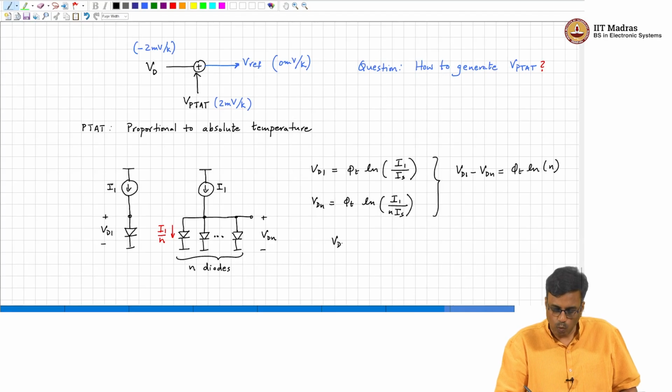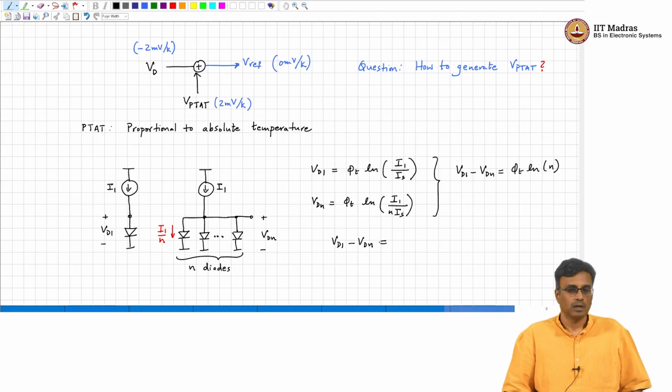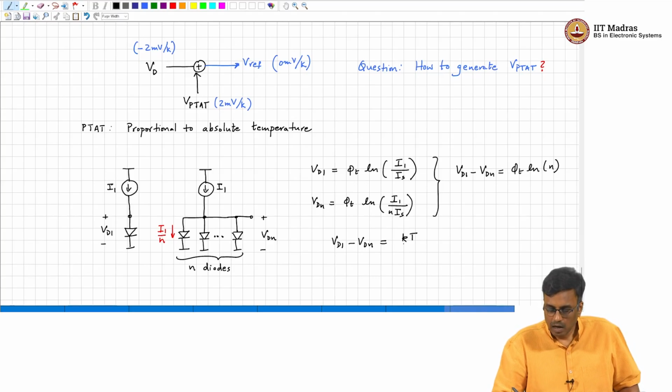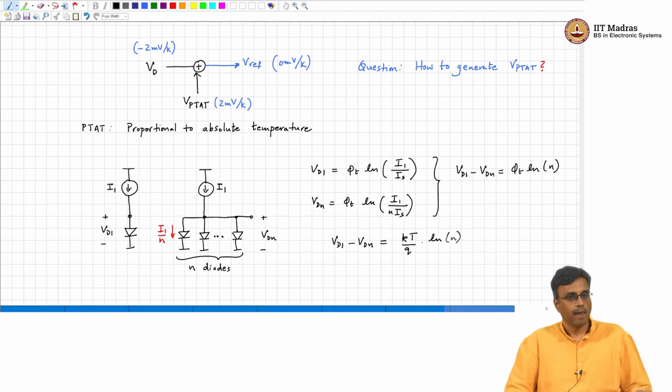So, VD1 minus VDN is kT by q times ln N. All right. So, what is the temperature behavior of VD1 minus VDN? It is directly proportional to absolute temperature, correct?